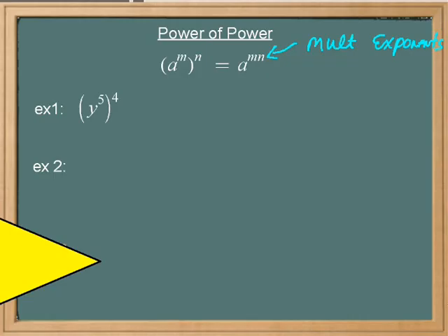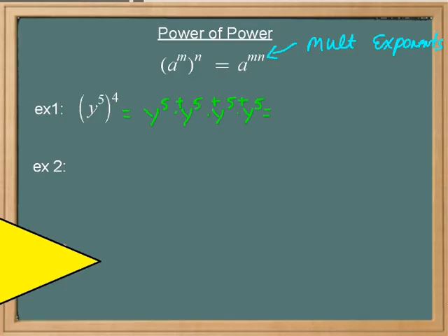Let's take a look at what we have in example 1. In example 1, we have y to the 5th powered out 4 times. What does that mean? That means I'm going to take that y to the 5th and multiply it by itself 4 times. I'm showing you this so when you're on a test or a quiz, you understand how we got to the rule of multiplication. In case you forget, with all these properties that we're learning today, you can look back at this and say, okay, what does it mean?